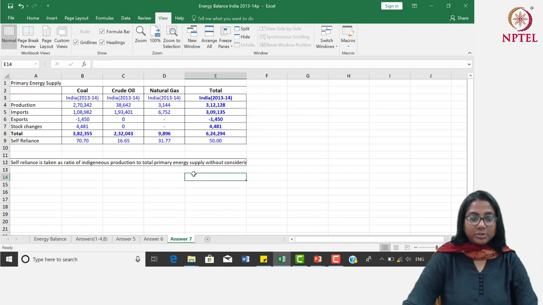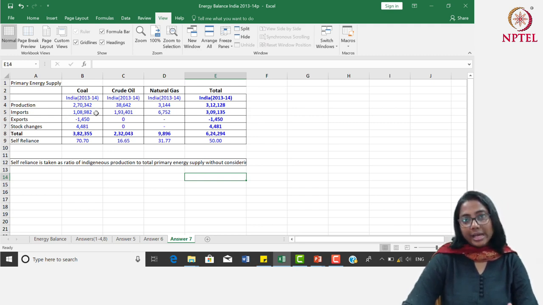But one line of caution: when you are talking about self-reliance, we are not talking about export or import explicitly. One idea could be to modify these numbers by taking export and import into consideration, because it might be the case that you are importing a lot, but at the same time you are exporting a lot.